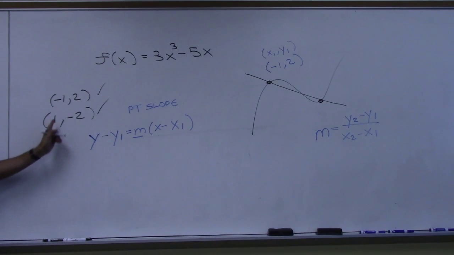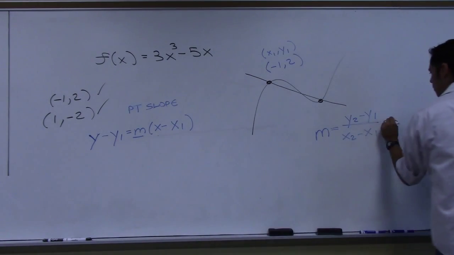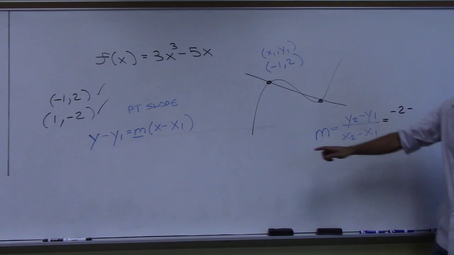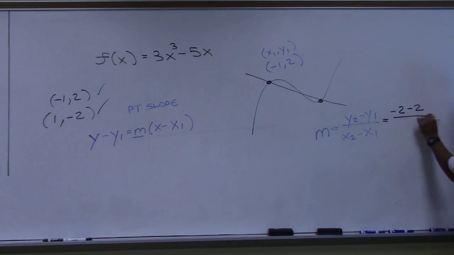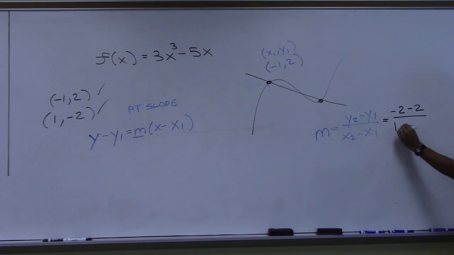So this right here we call x2, y2, and then just plug them in. What's y2 for us here? Negative 2 minus y1, which is 2, over x2, which is 1 minus negative 1.